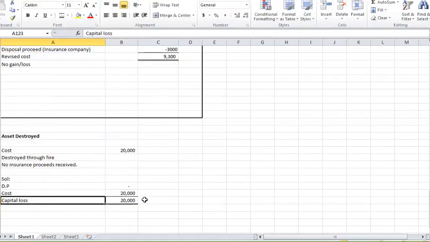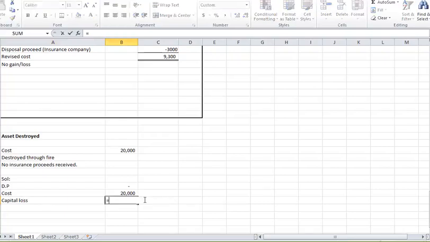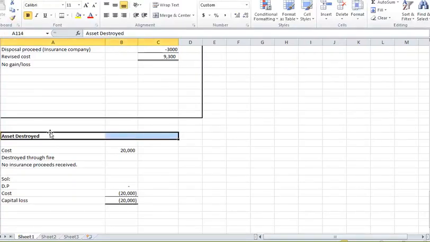So you have a capital loss of £20,000, and you can deduct this loss from capital gains of other assets. So this was the first example of an asset destroyed case.